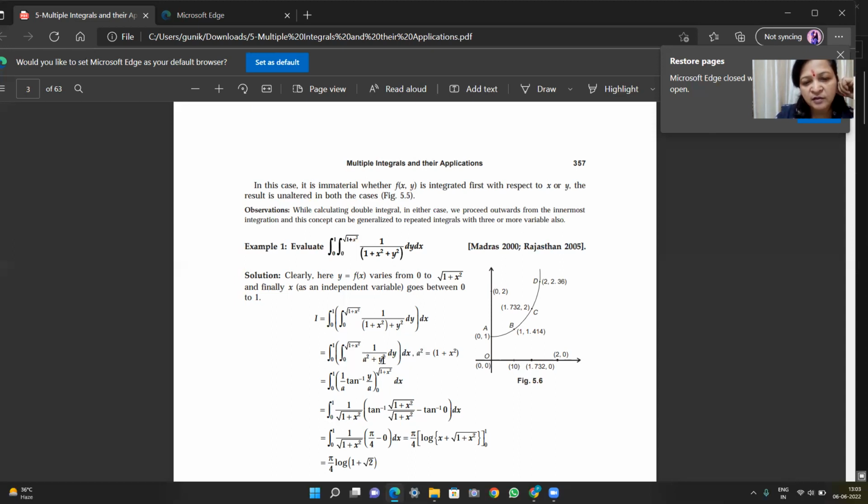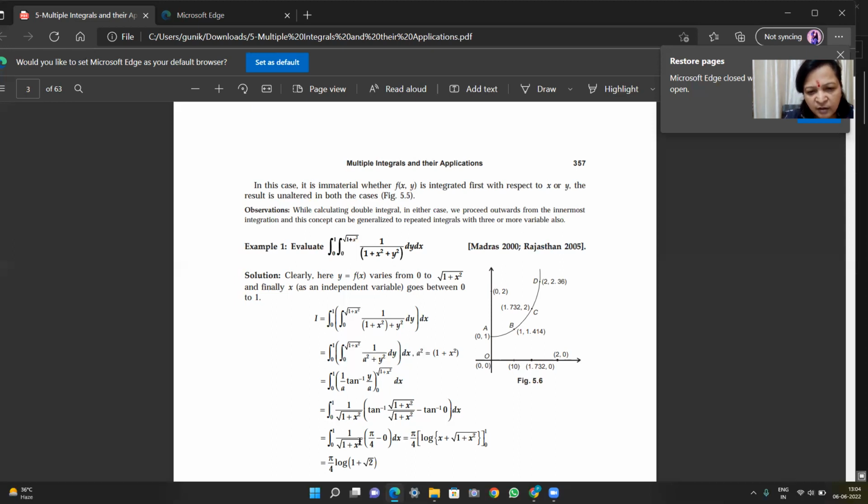So finally we get this thing, and this is tan inverse y by a multiplied by 1 by a. Now we put the limit of y from 0 to under root of 1 plus x square. So tan inverse 0 is 0 and tan inverse 1 is pi by 4.